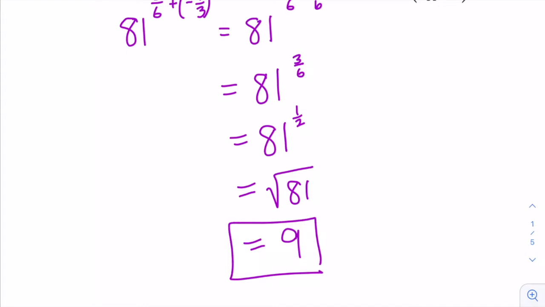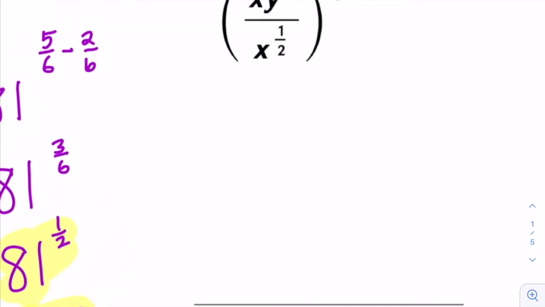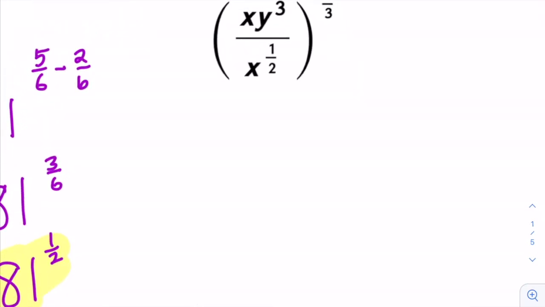Okay, so you can see there's different ways of writing it. We're able to write 81 to the 1/2 or the square root, but in simplest form, that square root is 9. All right, for b, we're going to have a couple operations here. So the first thing I want to do is reduce as much as possible inside the parentheses.